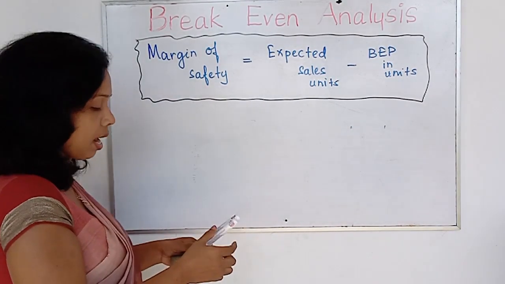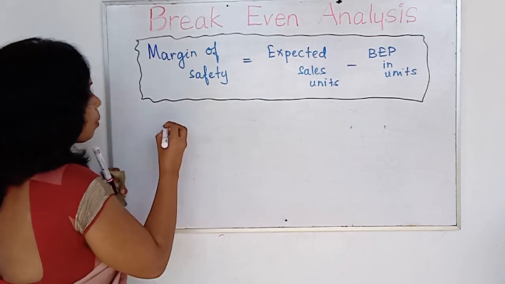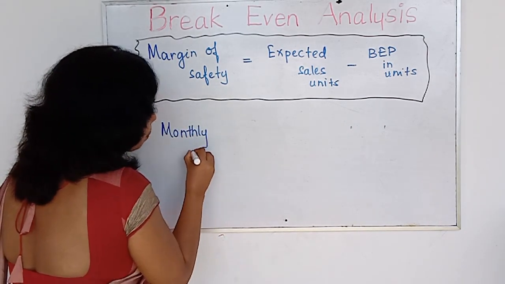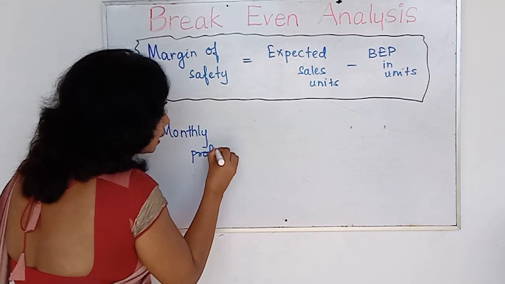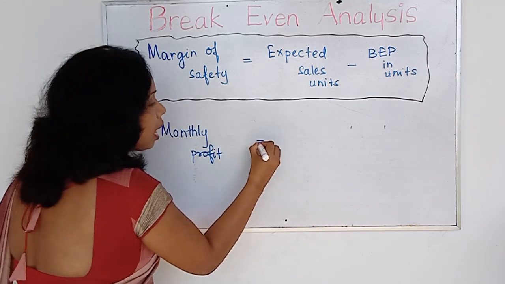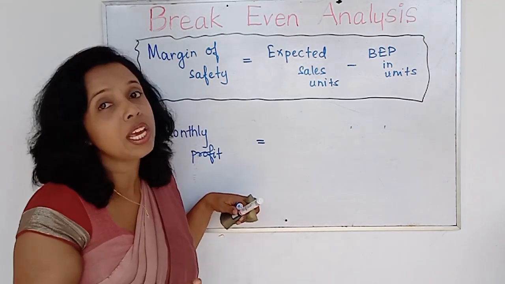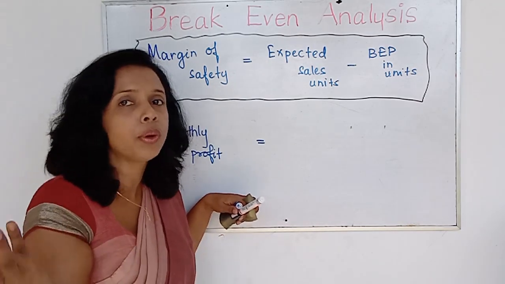So how can you find the profit? Let's say the monthly profit. How can you find the monthly profit? Now you know which region or which margin gives you the profit. That is the margin of safety. Up to break-even point, you know you don't have any profit.